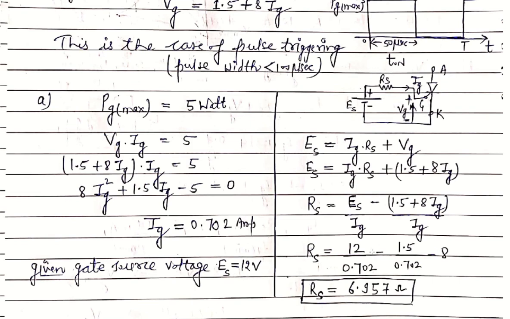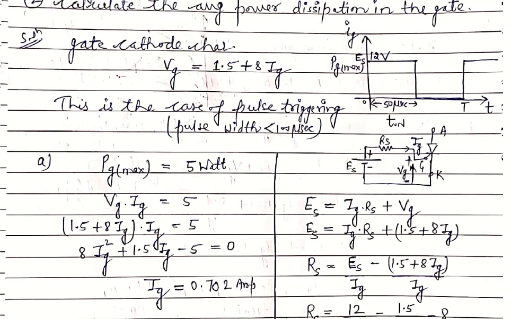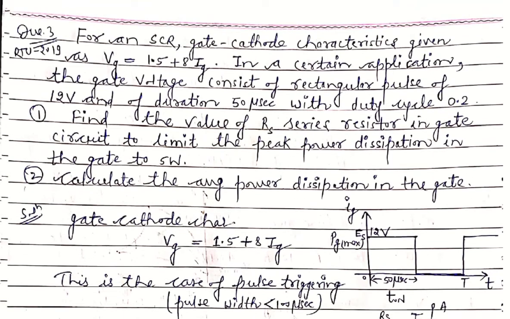Ig we have calculated as 0.702 ampere. Now the Rs obtained is 6.957 ohms. So this amount of resistance is connected in series with the SCR for successful turn on.